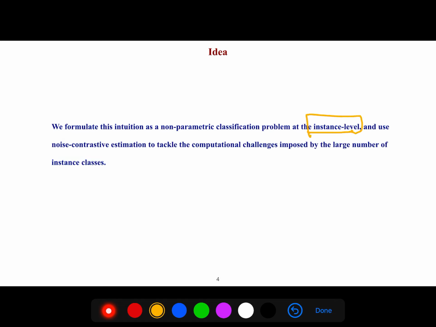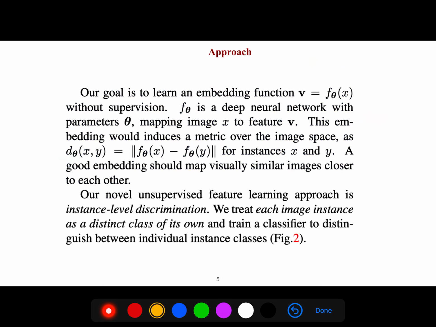So we have lots of instances. This is the problem that we face for word embedding, because in that case we had two different approaches, like negative sampling and hierarchical softmax, but we can also use noise contrastive learning like the approach of this paper.